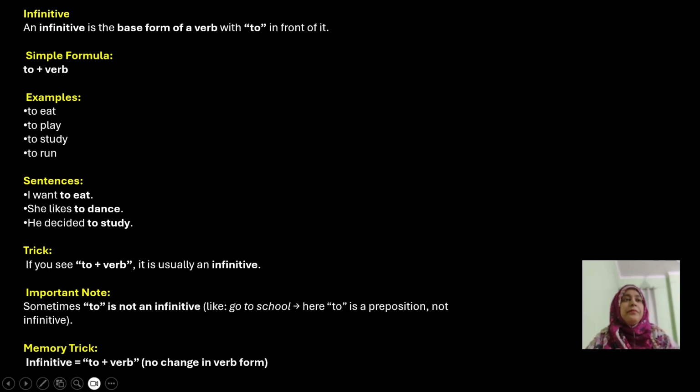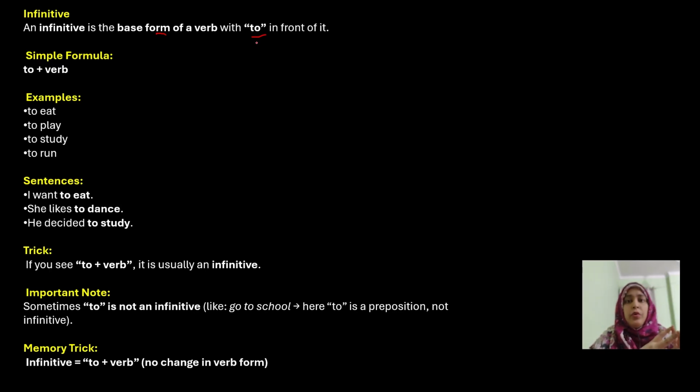What is an infinitive? You can see on your screens also. It is a base form of the verb. It means which form of the verb? First form of the verb with to in front of it, where we put to in front of the base form of the verb. So you already know that there are three forms of the verbs: first form, second form and third form.